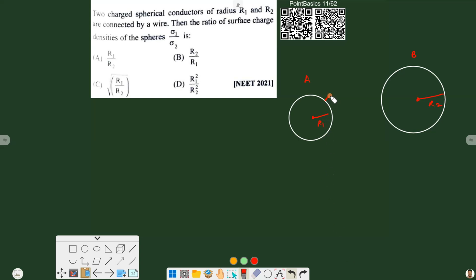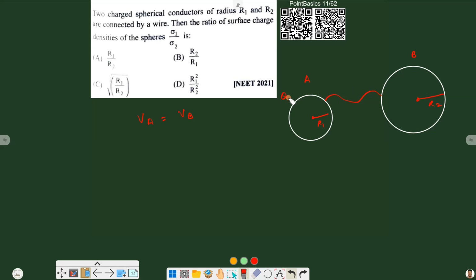As per the question, we have connected both of these by a wire. Now, when they are connected by a wire, their potential becomes equal. So V of A is equal to V of B because they are connected by a single wire, and after some time their potentials will become equal as their charges interchange due to the wire connection.